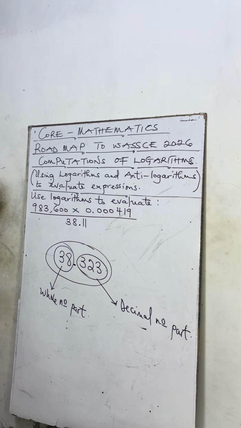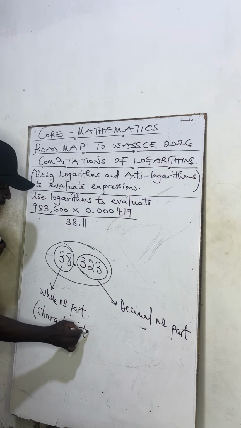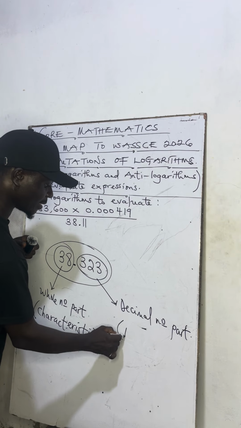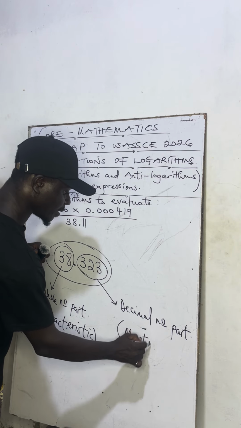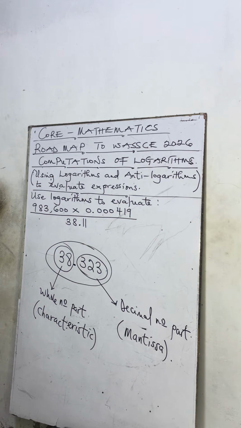But here I'm dealing with logarithm. Don't forget I said this number we see here is in logarithm. So the whole number part in logarithm, we say that's the characteristic. And the decimal number part is the mantissa. So take note of that.